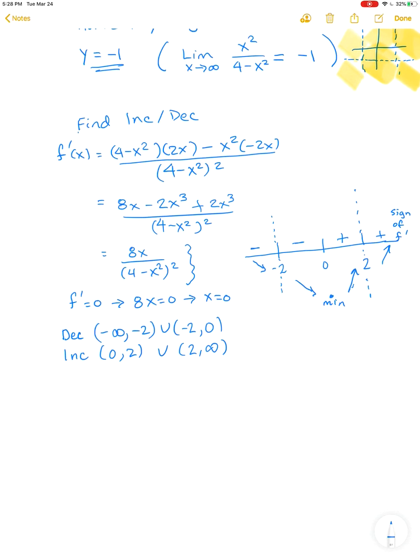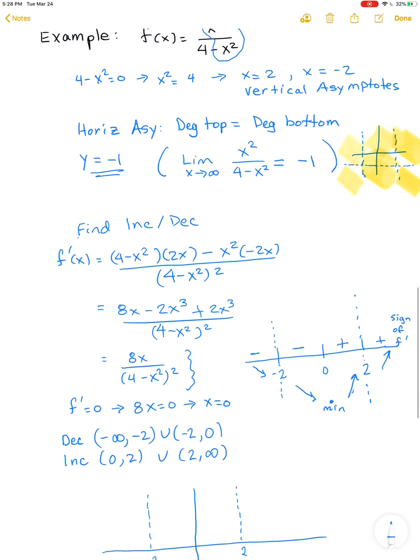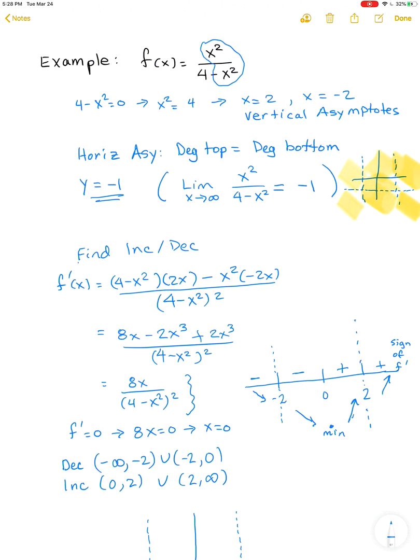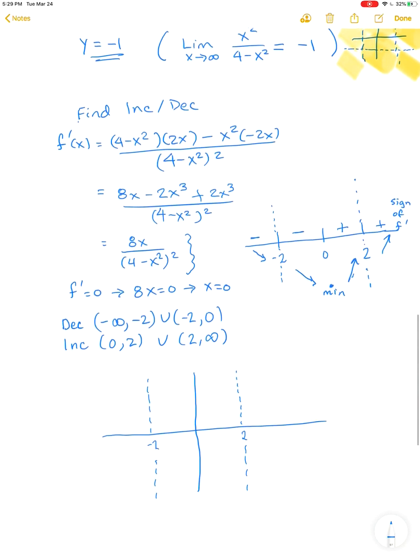So let's go back and put it together for the graph. Let's draw our asymptotes at the 2's. Go back up here and put 0 in for x. F of 0 looks like 0 to me.